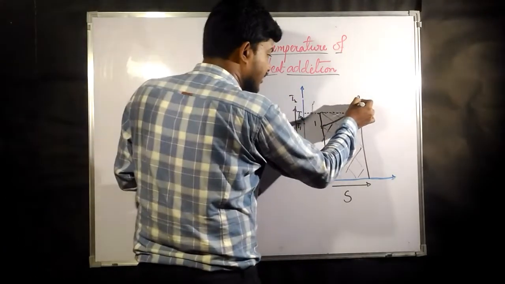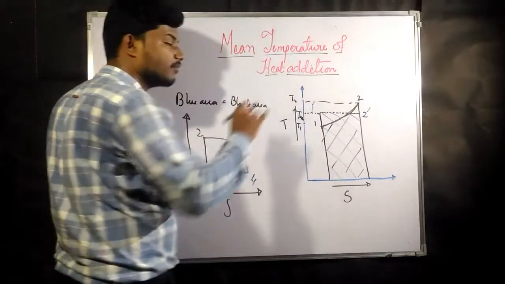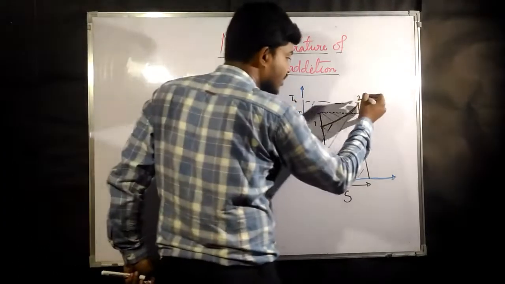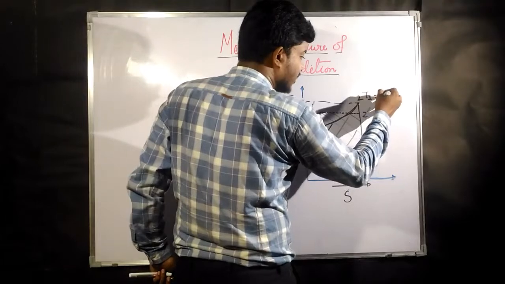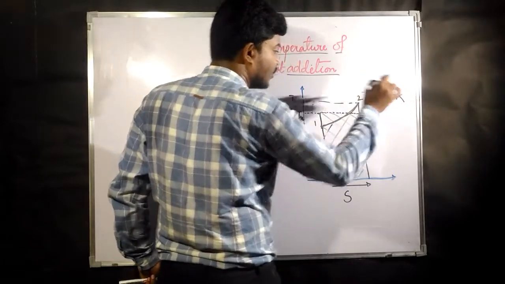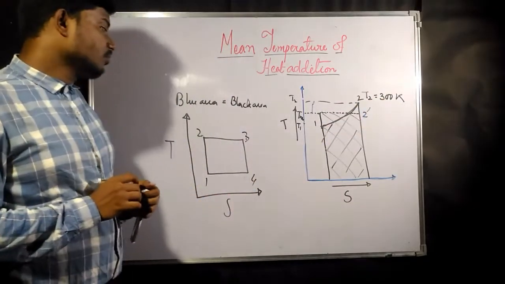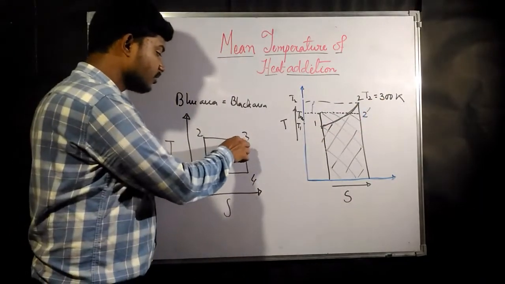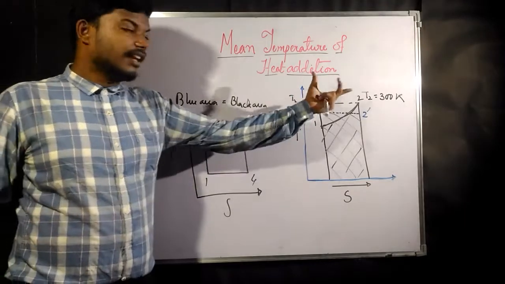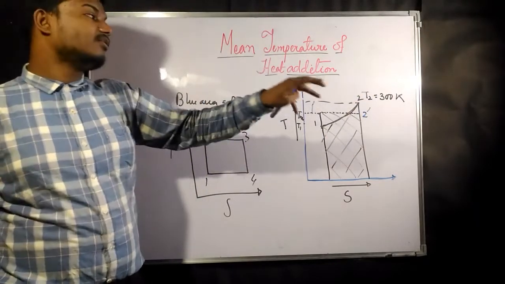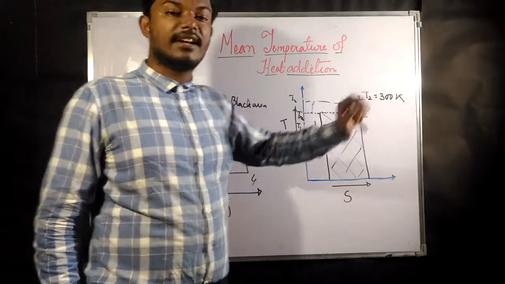Now suppose it is the heat addition process for a Brayton cycle or any other cycle. Let us suppose it is for the Brayton cycle. Let us take T2 as the maximum, and they have said that we cannot go beyond 300 Kelvin. Let us say this is the value we are taking. So the maximum temperature any cycle can give is 300 Kelvin.